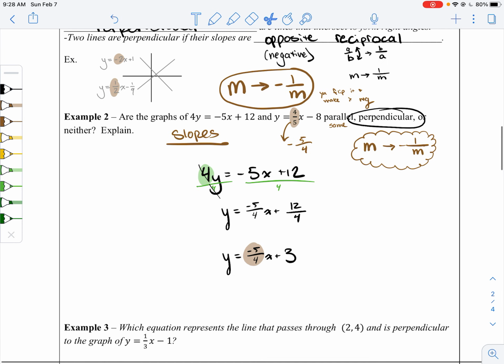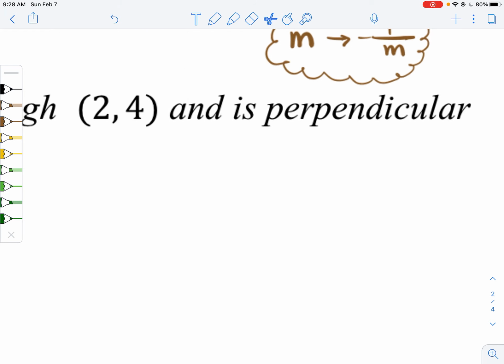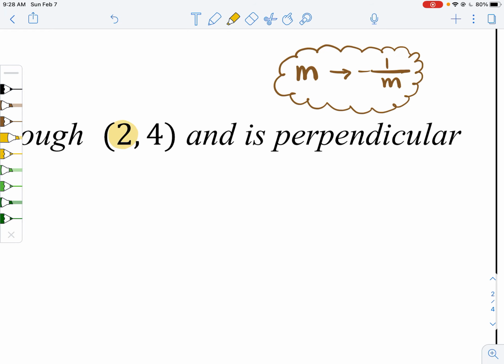taking this information with our slope, how are we going to write the equation of a line that's perpendicular? Well, what do we know? We've got our point. We can figure out what our slope needs to be, and then let's put it in point slope form.